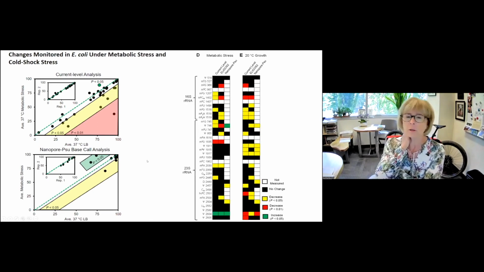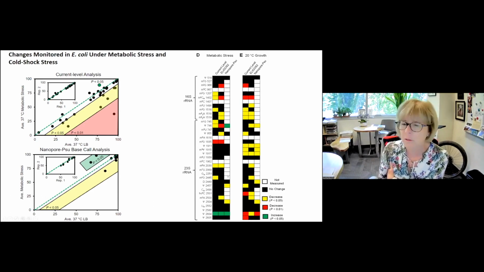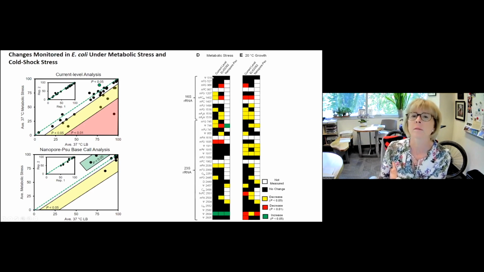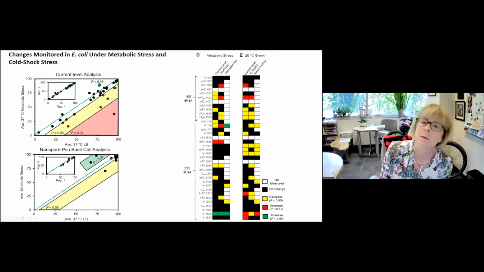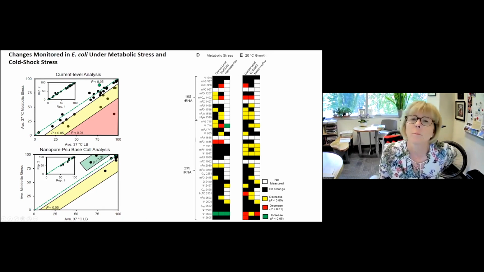And so if we then look at all 36 modifications, we can say whether they stay the same, that's in black, or change a little bit, that would be in yellow, or change a lot, that's in red. And the one that goes up is all the way at the bottom, that's an increase. Let's say 2604.